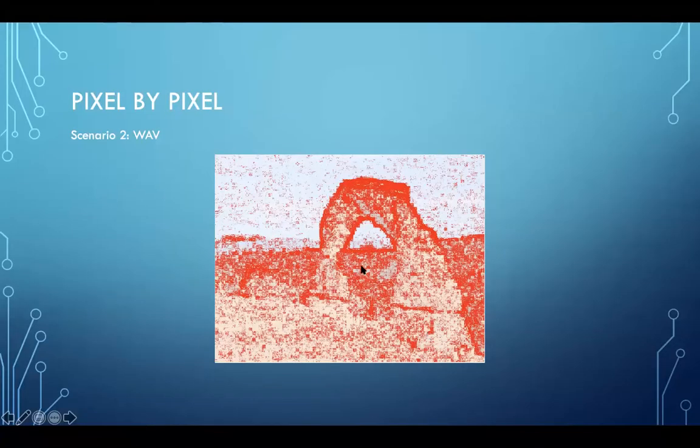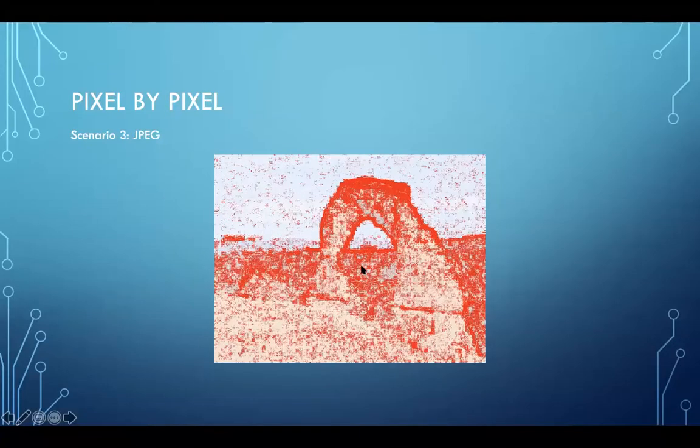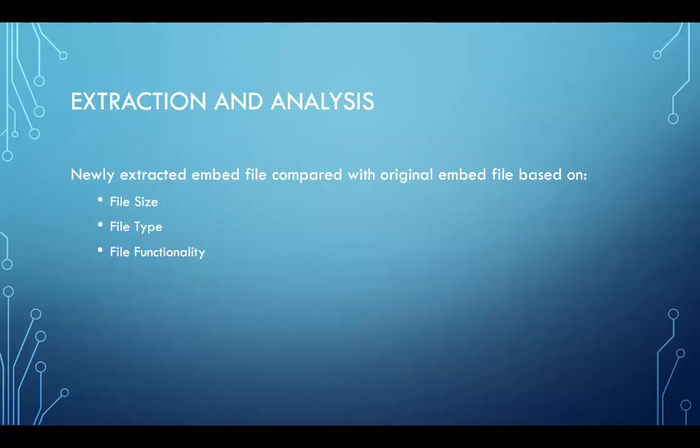And then this is the WAV file, and then the JPEG file. The JPEG and the WAV file had quite a bit more information, so there were more pixels that were changed. And then that's what we do, is we just get the extraction information, and I'll hand it back over to Crystal.